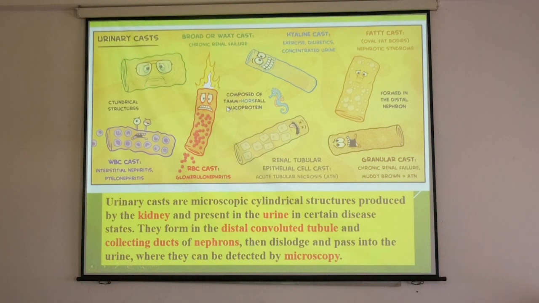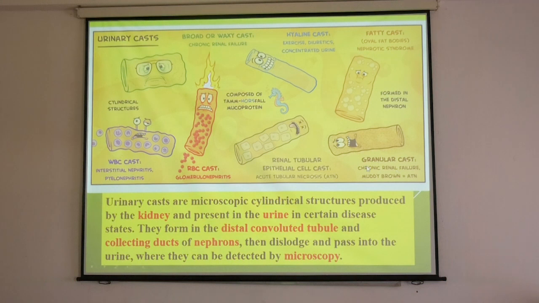So what is the name of the protein? I said earlier, Tamm-Horsfall mucoprotein. So this produces hyaline cast. If there are too many fat bodies or fat in the cast, it is called fatty cast.